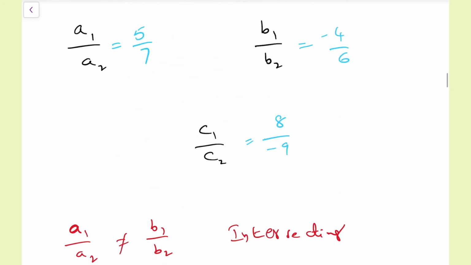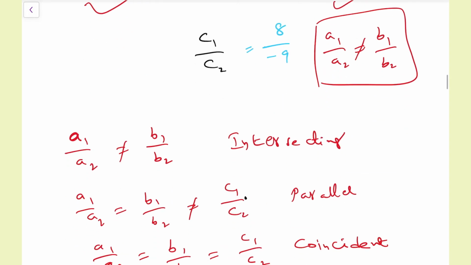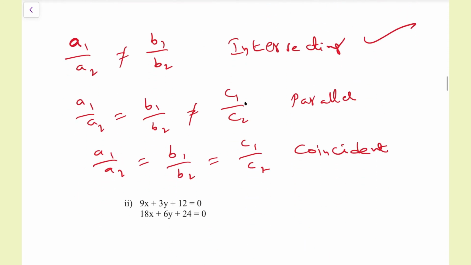If any simplification is possible, you can do that. 5 by 7 is not possible, minus 4 by 6 simplifies to minus 2 by 3, and 8 by minus 9 is not possible. Now if you observe, A1 by A2 is 5 by 7 and B1 by B2 is minus 2 by 3. They are not at all equal, right? So we conclude that A1 by A2 not equals B1 by B2, so those lines are intersecting lines. So the first question is intersecting lines.